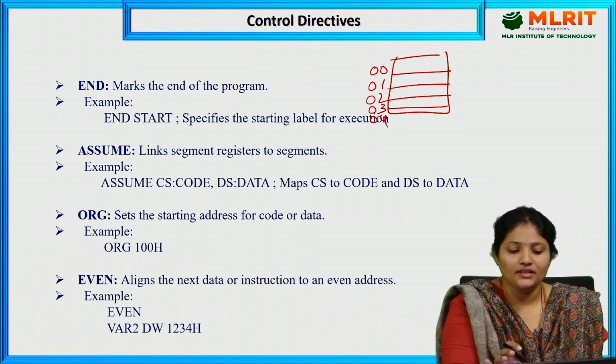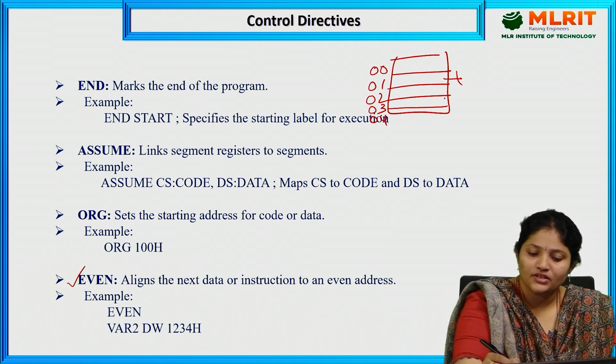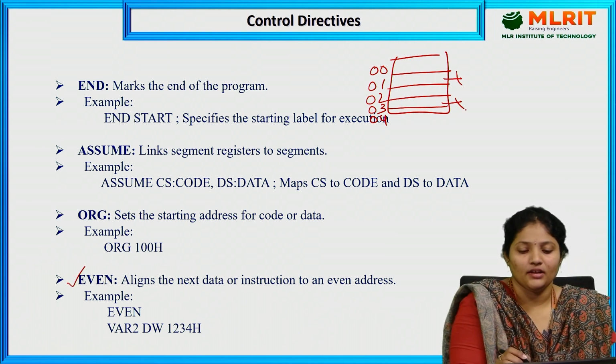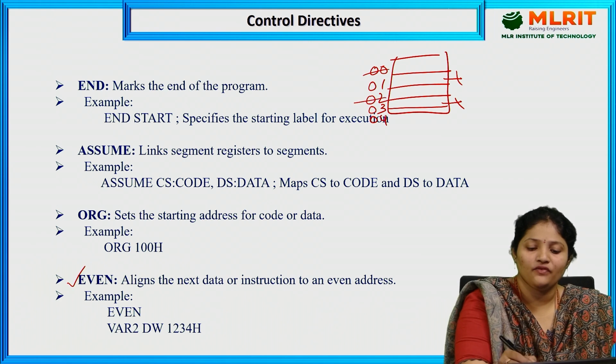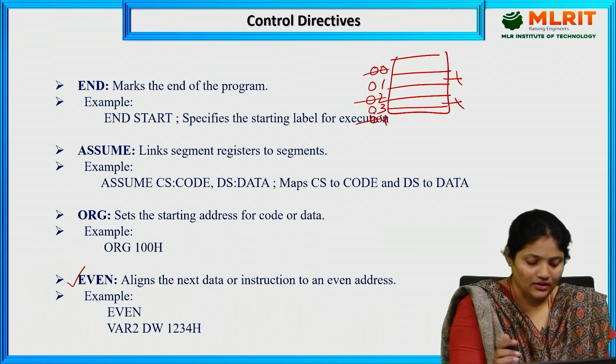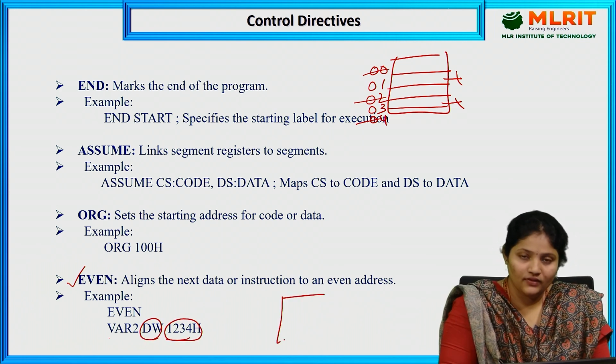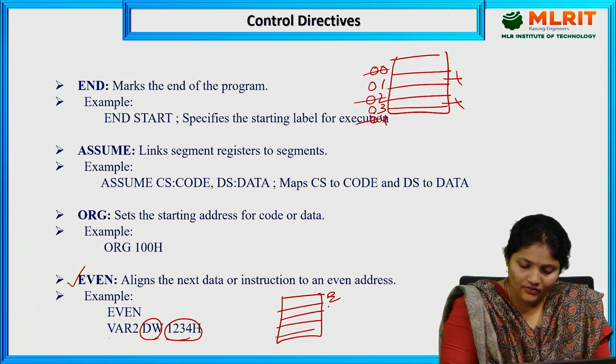Out of these address locations, if we are using even, the odd locations will not store the data. Only even locations will store the data continuously. Like here I was defining a word, so I was locating 1, 2, 3, 4. In this memory, this is the even address location, this is odd, even, odd, even.